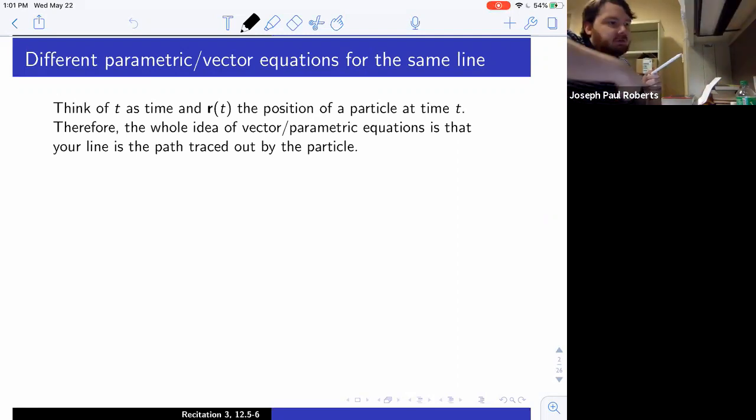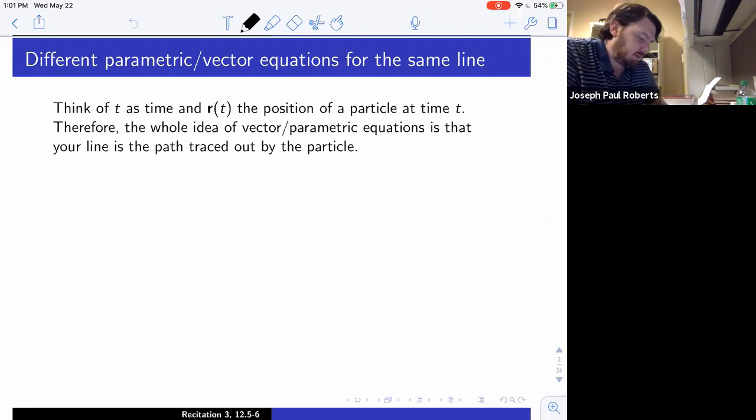I could go in the opposite direction at a faster speed. I could start at different places. I can vary my speed. I'm not going to show you an example of that, but in general, there are infinitely many ways a particle could trace out any given line, and that gives us infinitely many different equations.